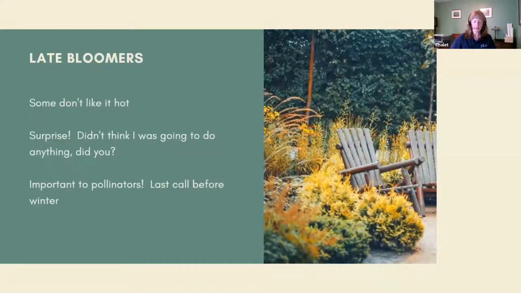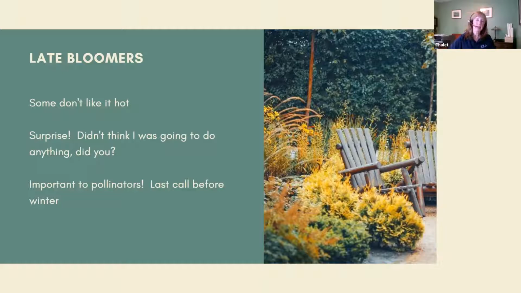So, late bloomers. Some things don't like it hot, like Amber Carpet roses, for instance, come to mind. I have Amber Carpet roses in my front lawn, and they bloom beautifully early in the spring and early summer. Then by mid-to-late summer, the Japanese beetles start moving in.